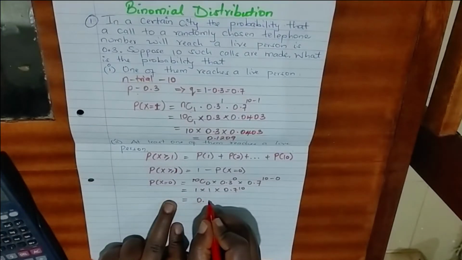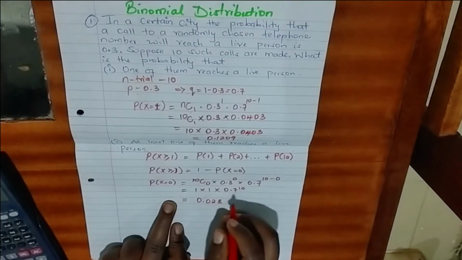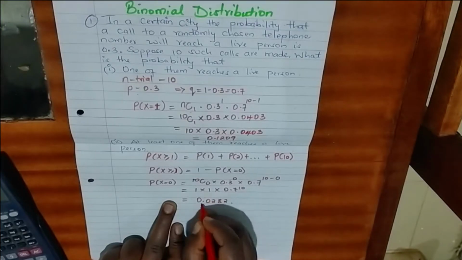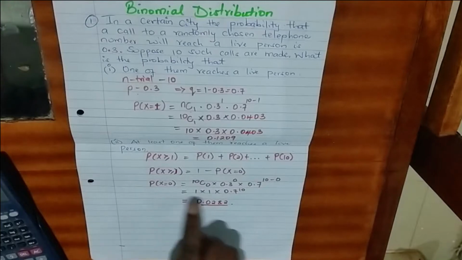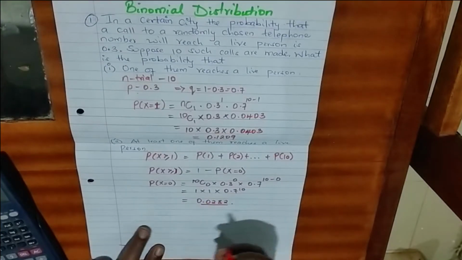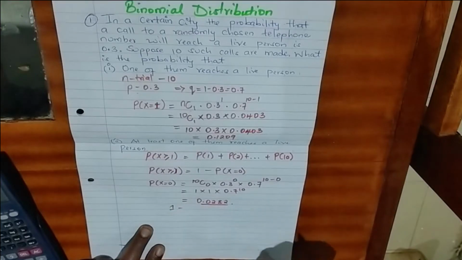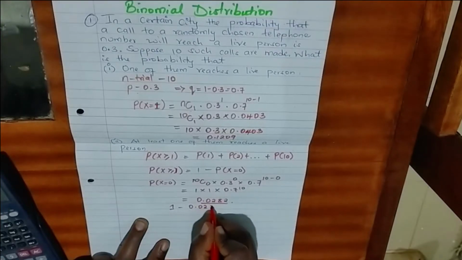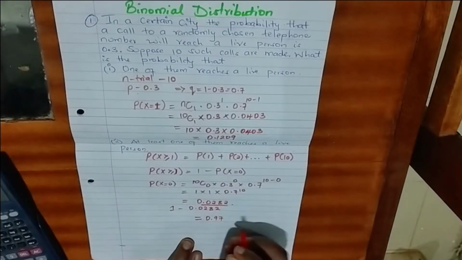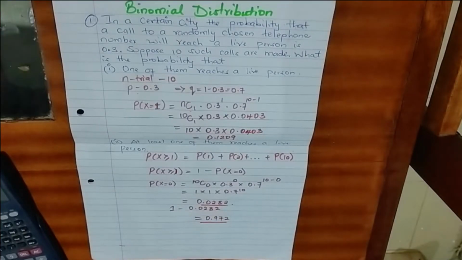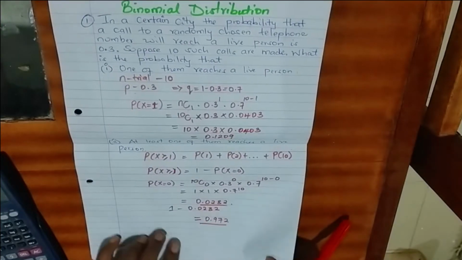The answer here will be 0.0282. So that is the probability of not reaching any of the persons. However, our interest was finding the probability of reaching one or more, and eventually we find it's 0.972, the probability of reaching at least one live person.